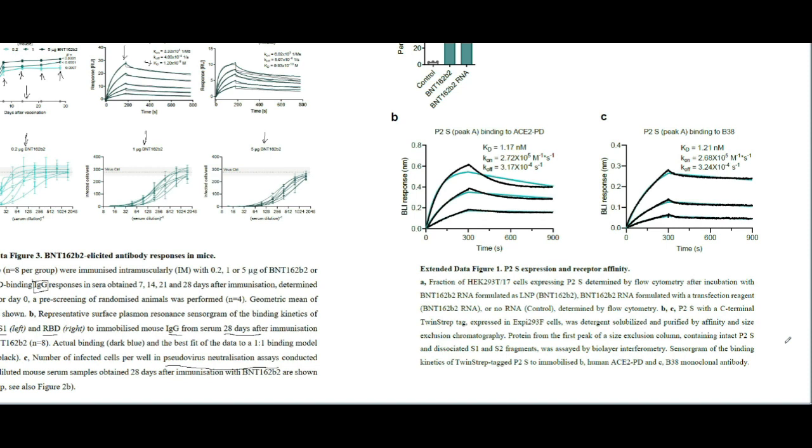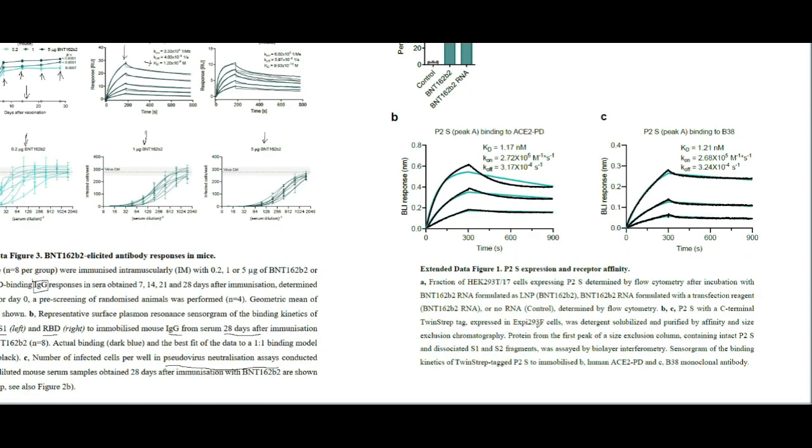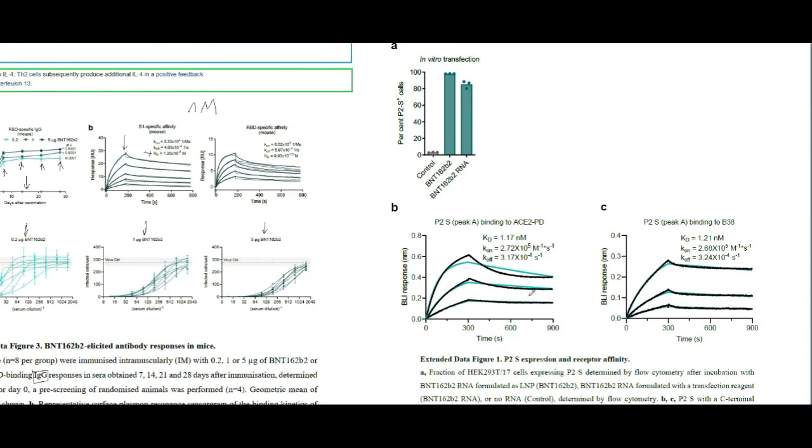particular vaccine. And so this is looking at the receptor affinity. Well, first it's looking at the expression, and so we can see up here the expression of the IgG, I believe. No, it's the P2S.